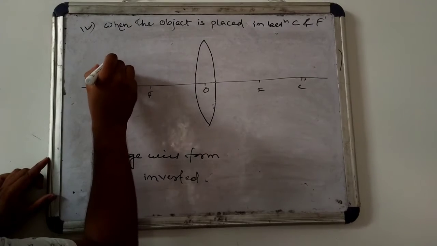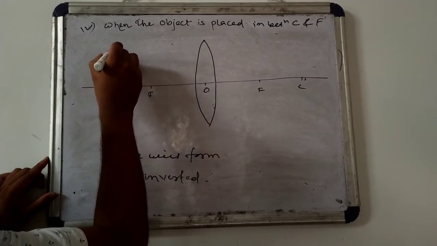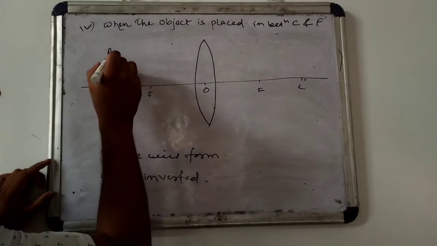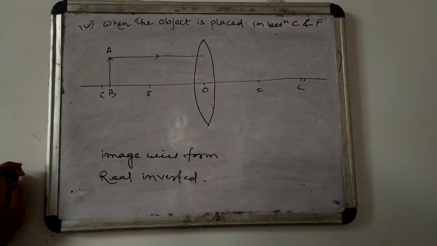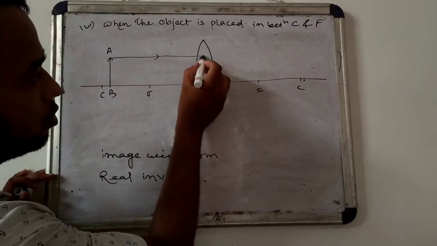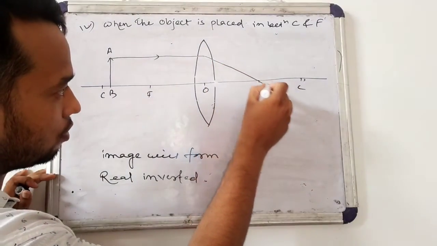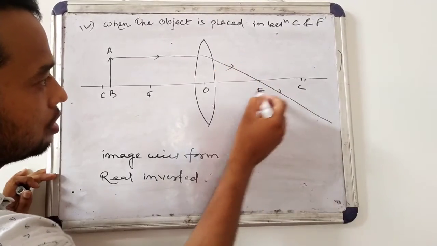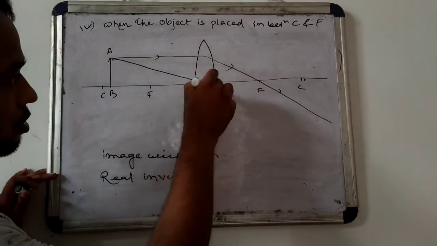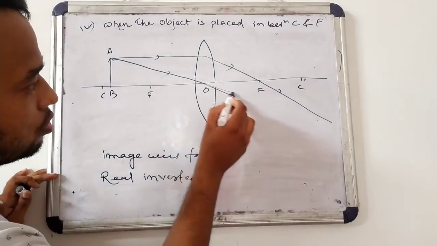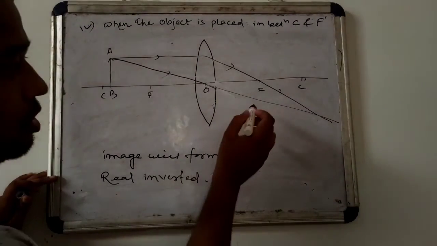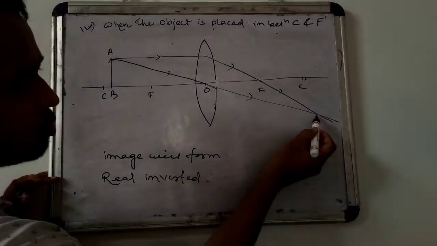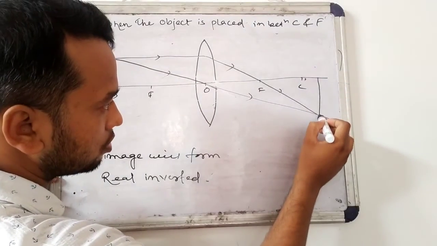Now we place the object here, AB. To draw this diagram, it is the same technique. We take two rays, one parallel to the principal axis, which will pass through the focus after refraction, and another ray through the optical center, which will not change its path after refraction. So these two refracted rays meet at this point, so the image will form here.